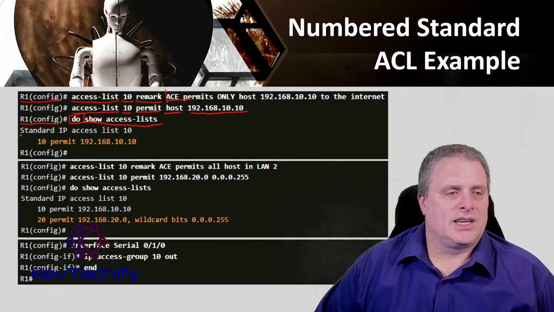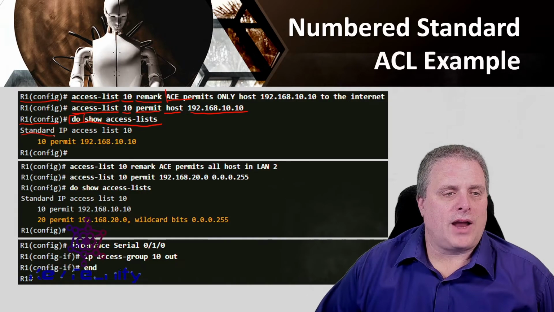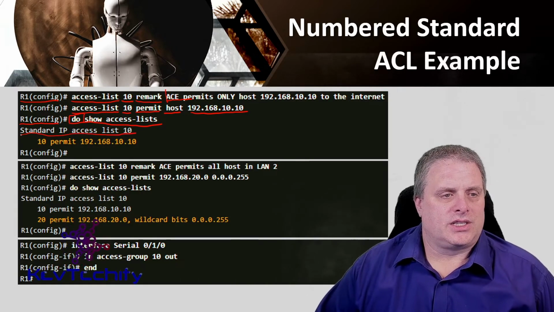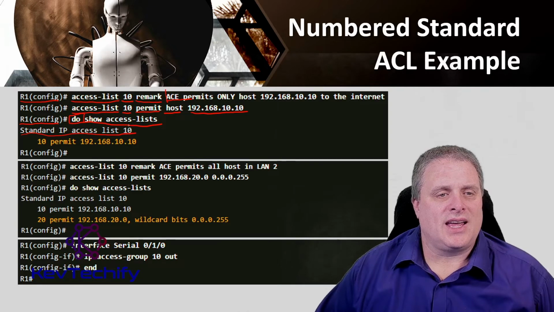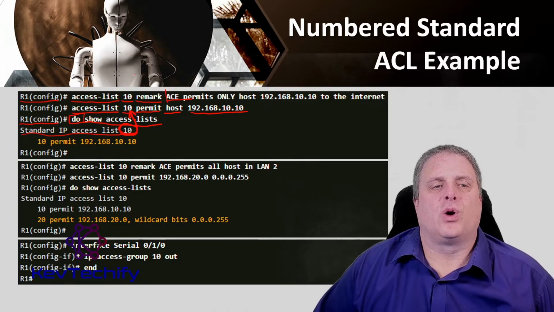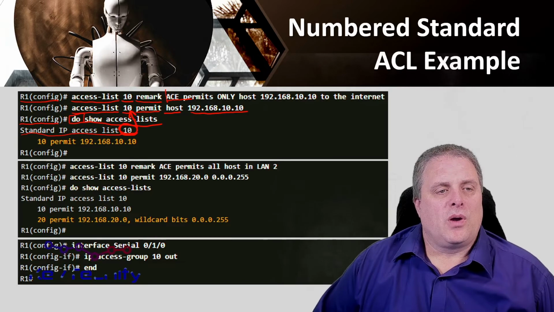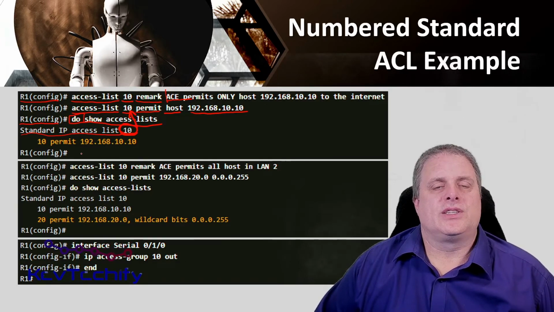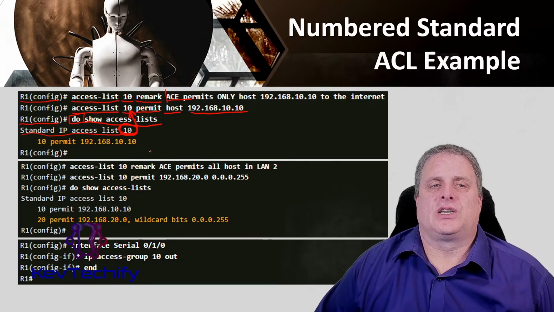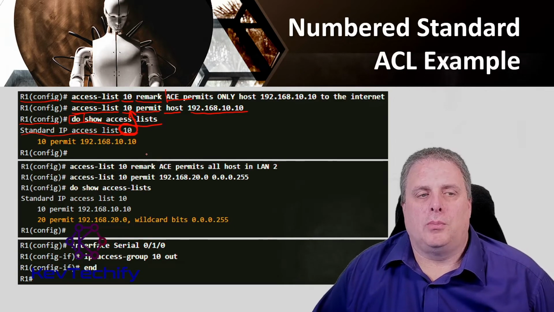First thing it does is list out the name of your access list. And here it says standard IP access list 10. This number 10 right here is the 10 you entered here. That is the number you chose for that. Then it'll list out all of the access control entries that are not remarks.